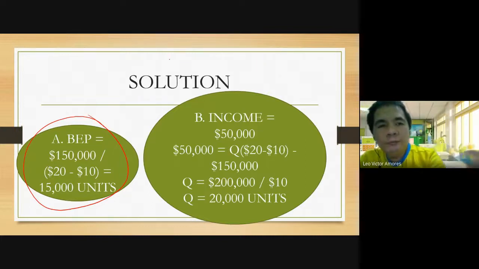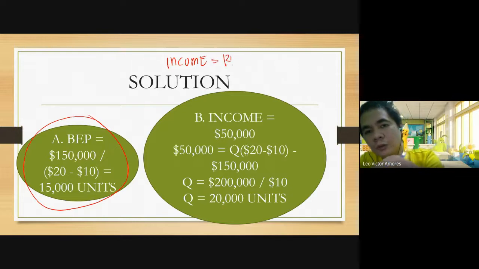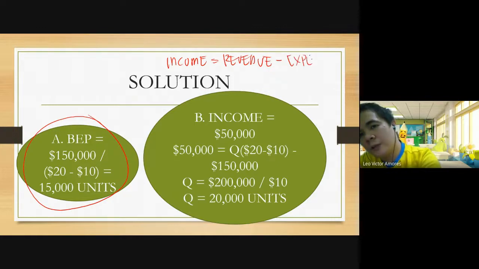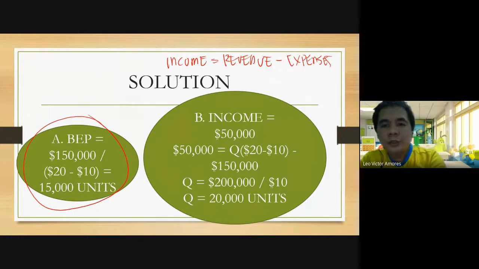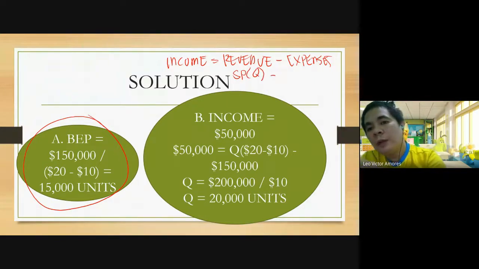Change income. Actually, the formula for income is equal to your revenue minus expenses. Okay? Your revenue states the sales, selling price times the number of units, or I denote that as Q, minus your variable expense times the quantity minus the fixed cost.